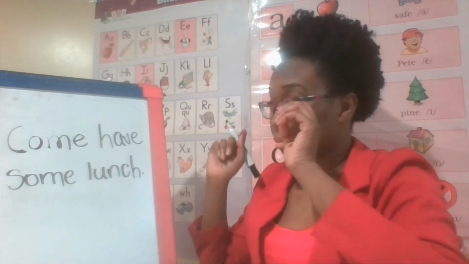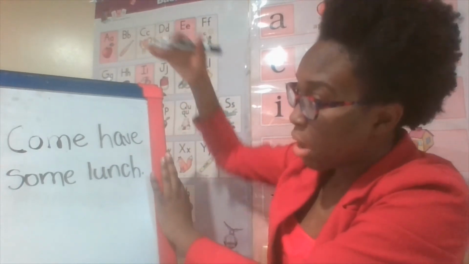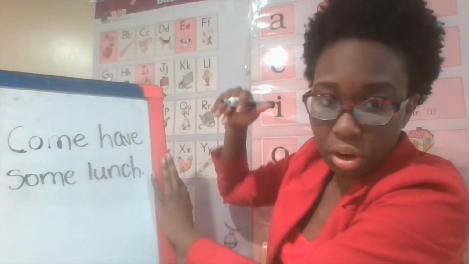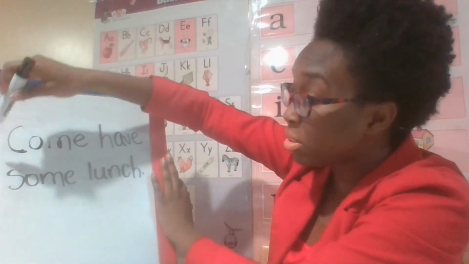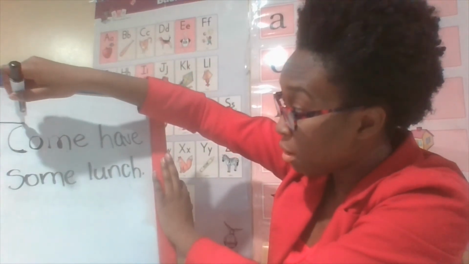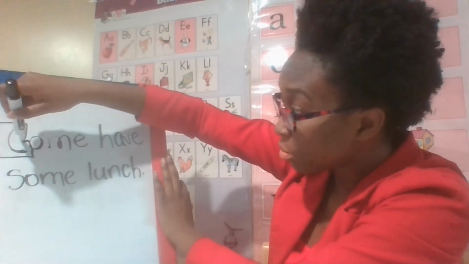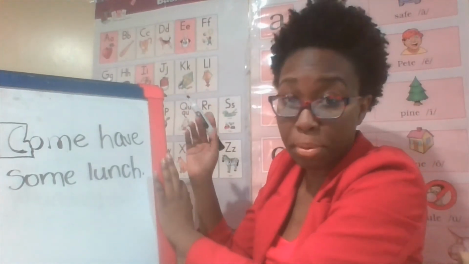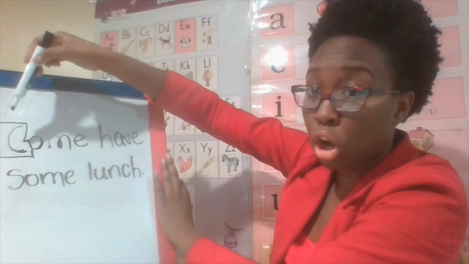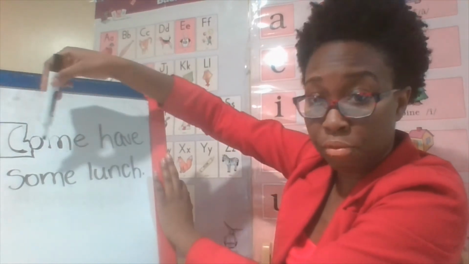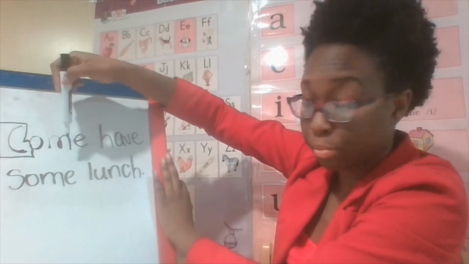Number one, I didn't use most of the board, it's kind of cut off, but my sentence here started with a capital C. So if you look at it, take a look. You can tell it's a capital C because you see how the C is larger than the rest of the letters in this word.